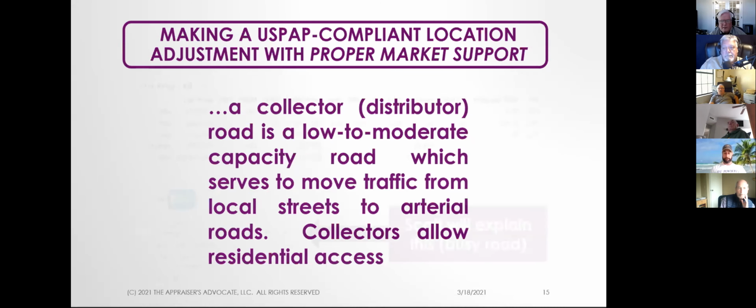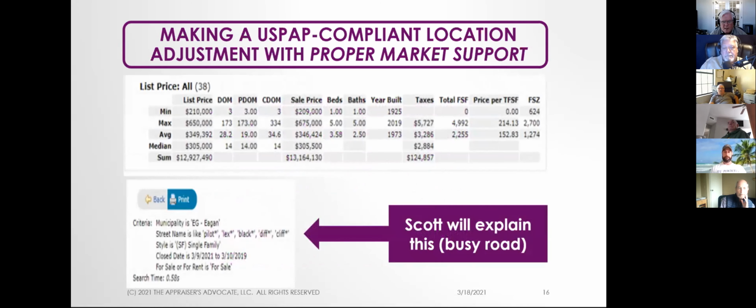Okay. And what you'll find is that there are busy roads, and the names here are Pilot Knob, Lexington, Black Dog Road, I think, and Diffley and Cliff Road. These are roads that used to be county roads, and they had houses built on them in the 70s. And now they have become what we call collector roads.